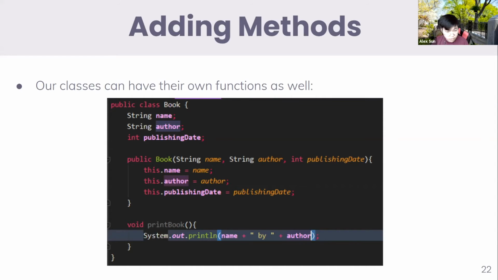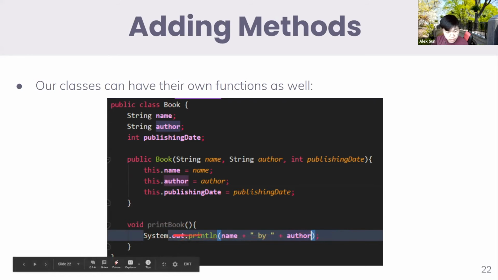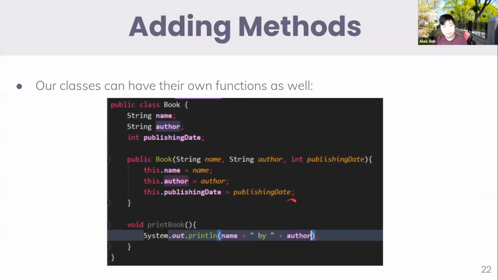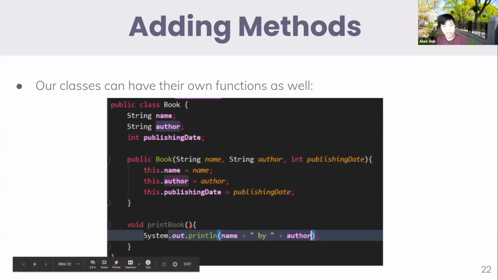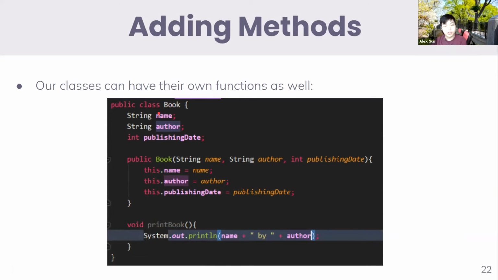Cool. So for example, we could create a function called void printBook, and we could just have it do something such as System.out.println name plus "by" plus author. Then we can just do whatever the book is dot printBook every time, like you would do in a normal function using the dot operator, just like you would access the name, author, or publishing date.